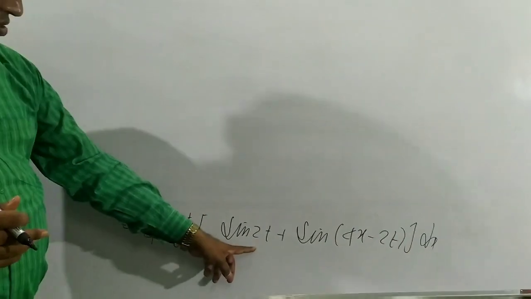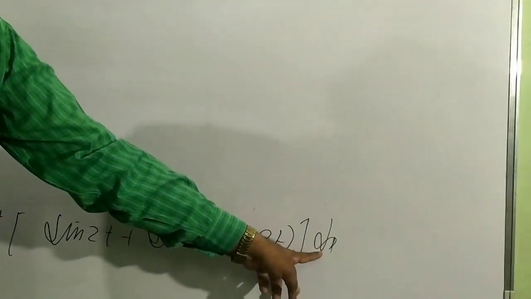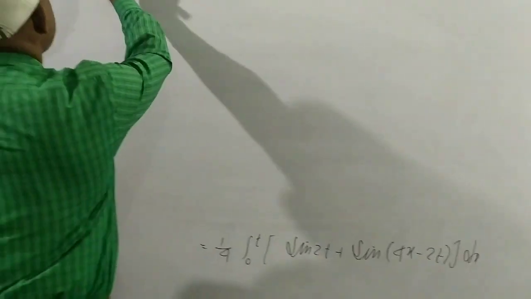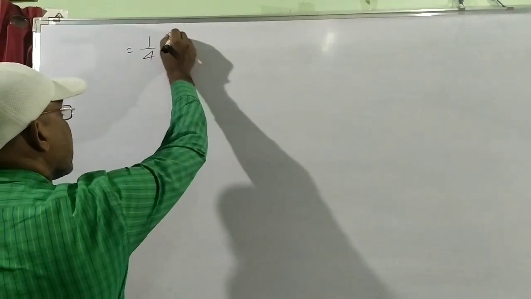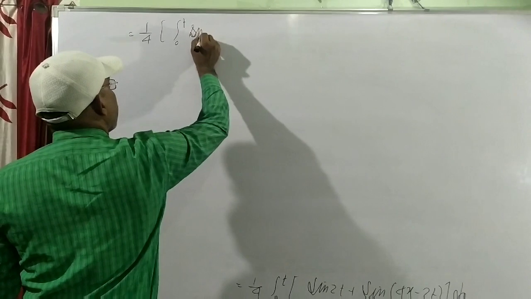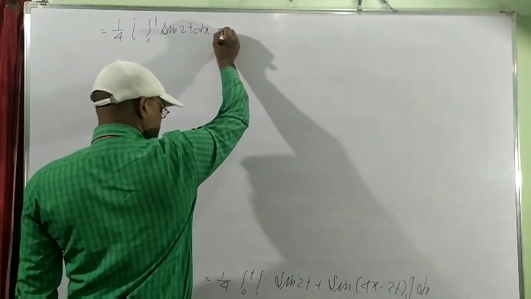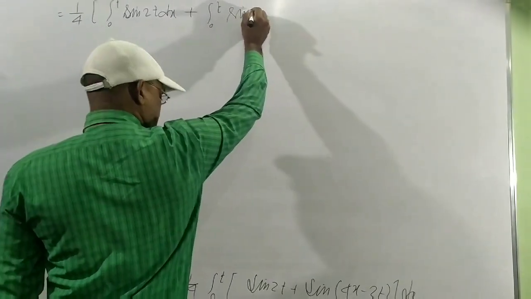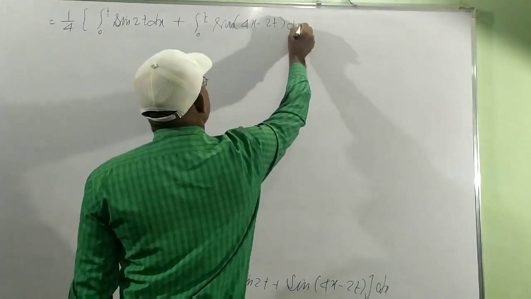Now we integrate this. Twice t is constant; if we integrate with respect to x, 4x is variable and twice t is constant. So we write in this way, 1 by 4 integration 0 to t sine twice t dx plus integration 0 to t sine (4x minus twice t) dx.